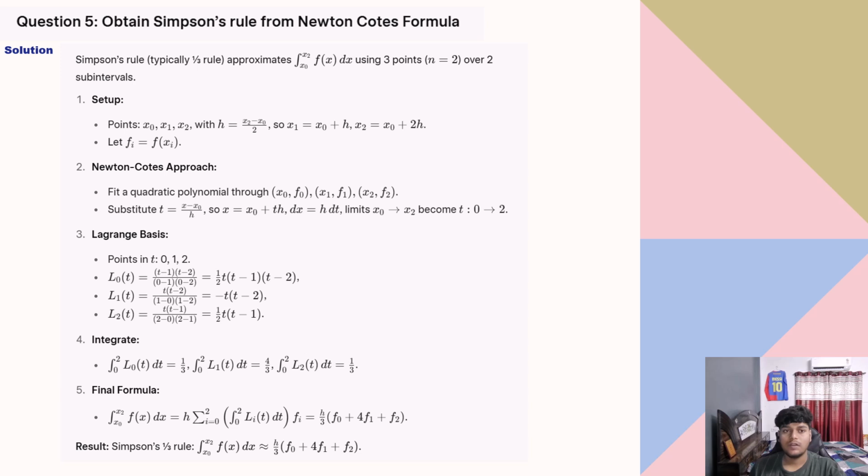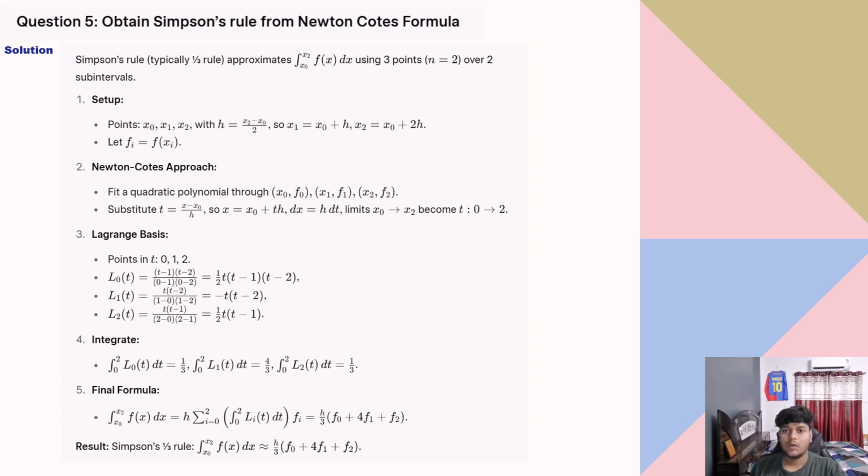For 3 points, we fit a quadratic, and the formula becomes the integral of f(x) dx from a to b approximately equals h by 3 times (f(x0) plus 4 f(x1) plus f(x2)).